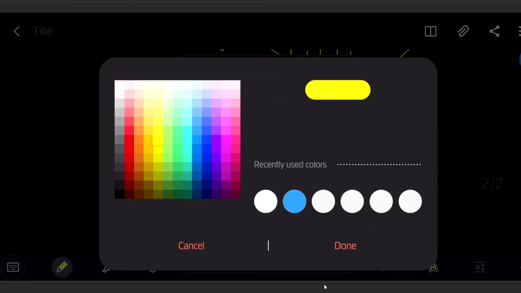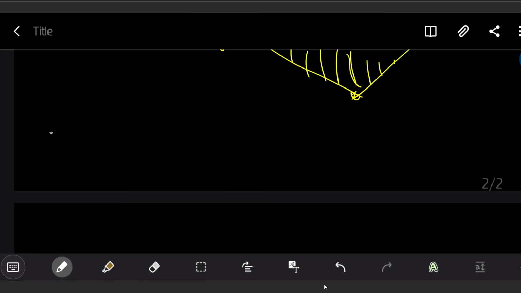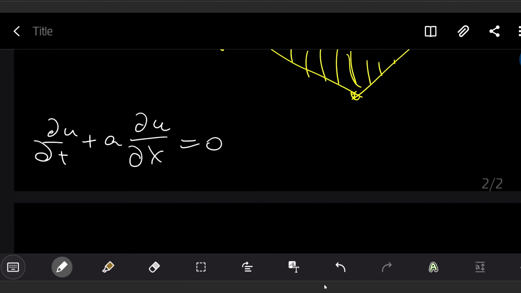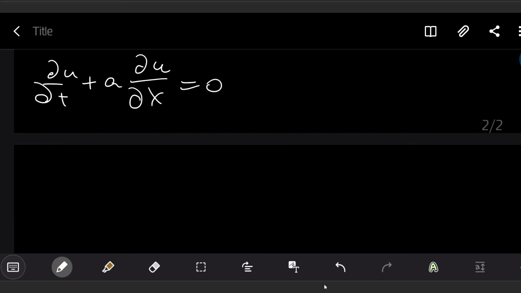I will rewrite my initial differential equation. It's du by dt plus a du by dx equal to 0. And I will write the algebraic form of this equation, because we already know how to transform derivatives to algebraic relations, right? We just did it in the previous example. Now it will be a bit more complicated.